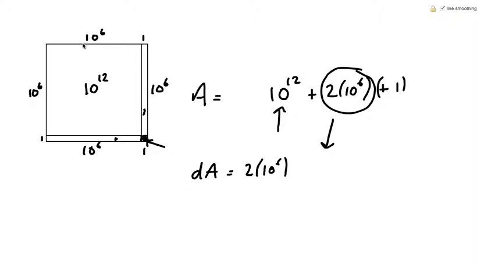So there you go, the original square's length was 10 to the power 6, the change in the area is twice that. So I've thrown some letters in there. Remember yesterday I didn't do any letters, but there's a little introduction to the letters of it: A for area, and dA just means a little bit of area. Okay, so that means the change in area in this case.